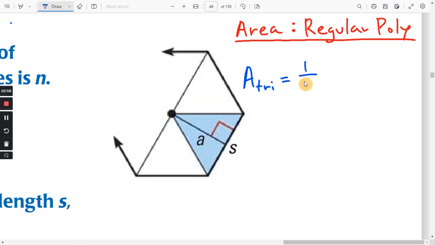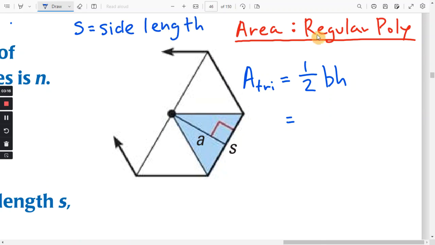Generally speaking, it's 1/2 base times height. But in this case, we let the base equal S. S is just one of the side lengths, and they're all the same because it's a regular polygon, so each side is going to be congruent.